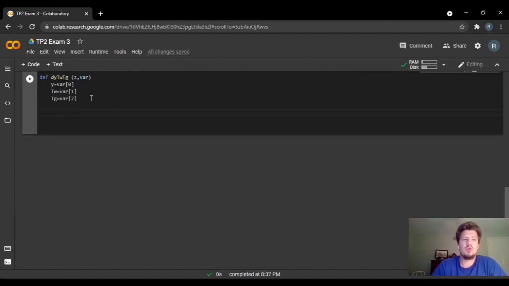So next we need to evaluate our gas flow rate. Earlier within our function, we had called it a gas flow rate. Now, in real life, this is actually a mixture of gas and water vapors.